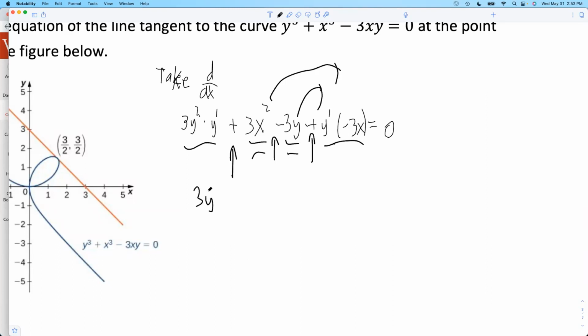So what do I get? 3y squared y prime. And I'm going to rewrite this minus 3xy prime equals 3y minus 3x squared. So I move those guys over. Every single time, everybody on your left-hand side should have a common factor of y prime. If it doesn't, you've done goofed.